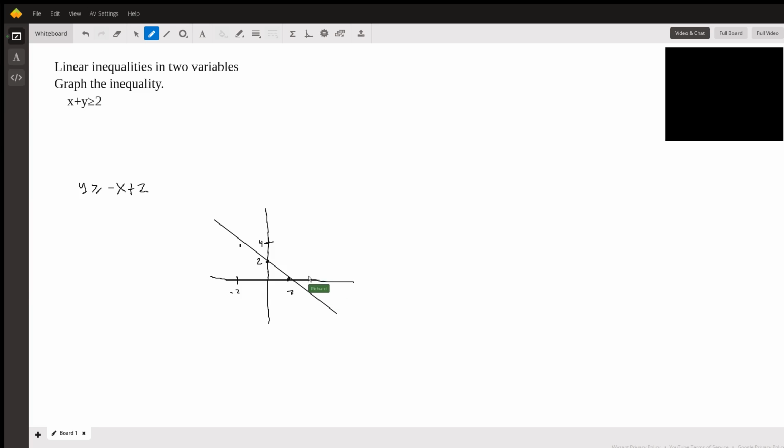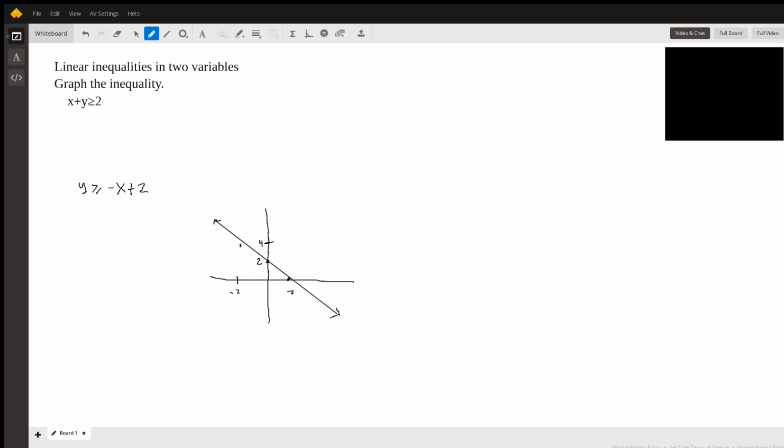Obviously that's approximate. And I'll just put some arrowheads on there. Our graph is going to look something like that. So up until now, we've pretty much treated it as if it's a regular plain old line, except for this decision about the solid versus dotted.